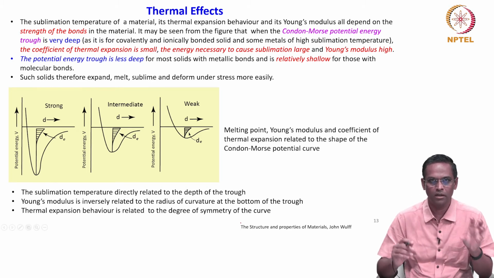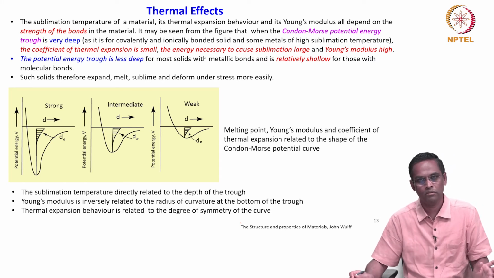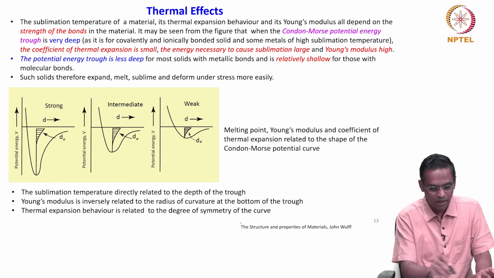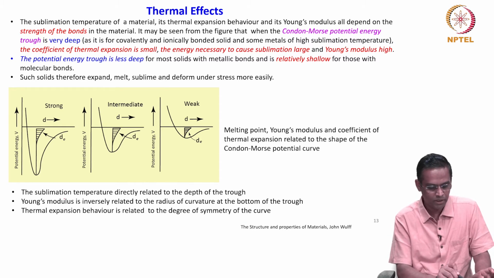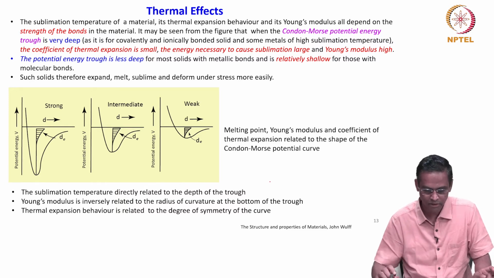We have some general remarks, whatever we have seen, whether it is a deep, shallow or weak trough and so on, and further you can relate the symmetry of this curve to sublimation temperature, Young's modulus and thermal expansion behavior through these 3 points.